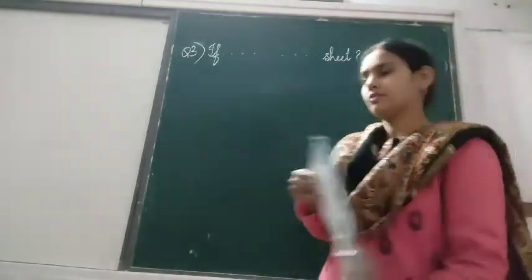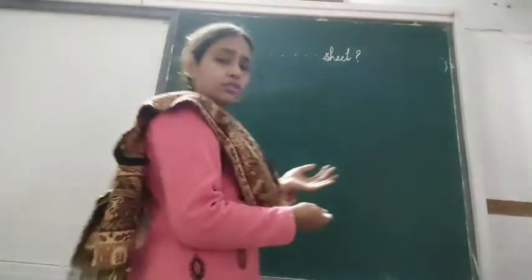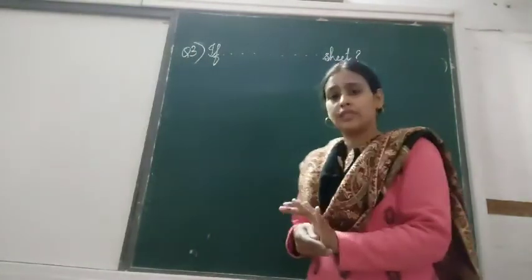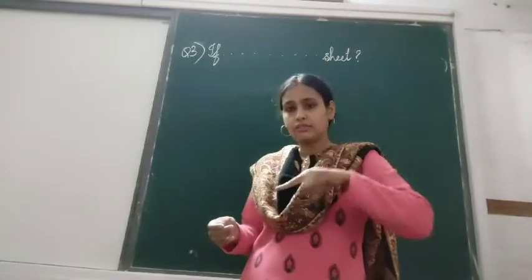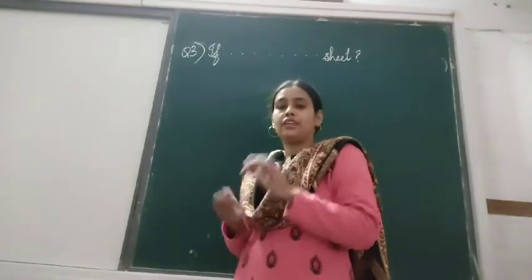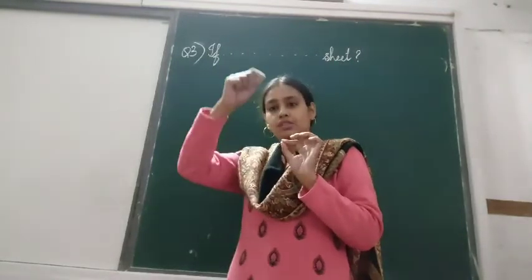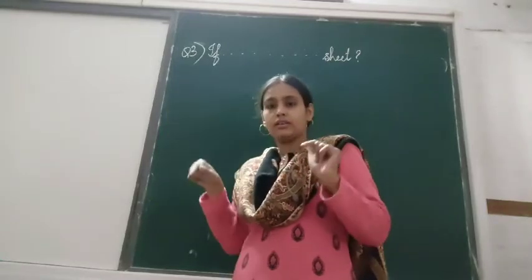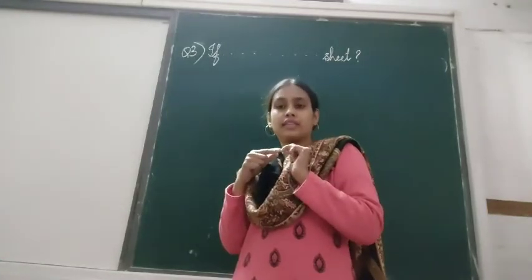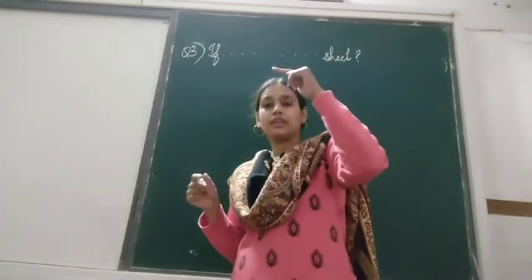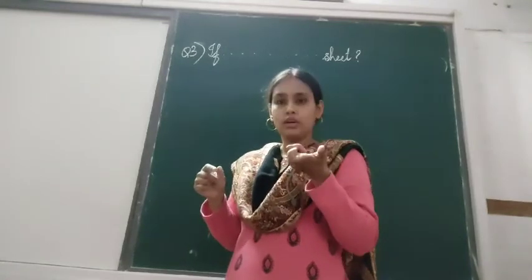So let's start. By the way, yesterday we discussed the circumference also. Circumference is actually the perimeter of the circle, that is the total length of the boundary. We discussed that we cannot measure curved lines using a ruler, correct?